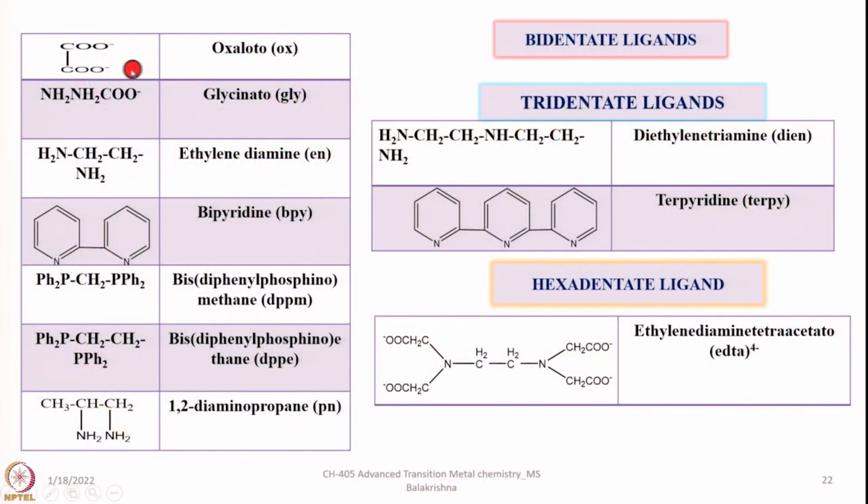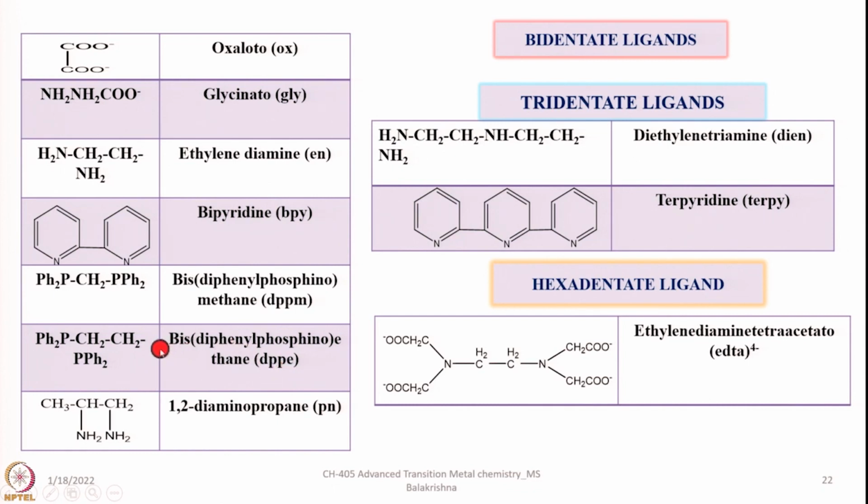Apart from these, we also have several other ligands like oxalato, a bidentate ligand, or it can be a tetradentate ligand because of the other two C double bond O oxygen atoms, and glycinato, ethylenediamine, bipyridine. Again for bipyridine we have 2,2'-bipyridine and 4,4'-bipyridine, and this is bis(diphenylphosphino)methane, and this is 1,2-bis(diphenylphosphino)ethane.